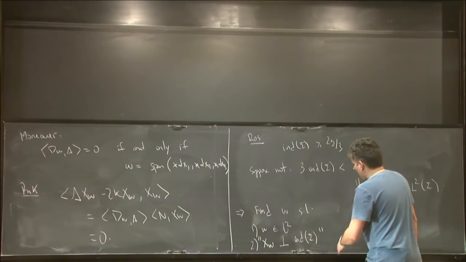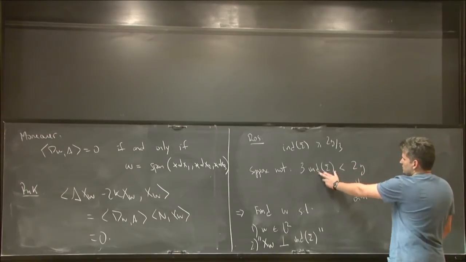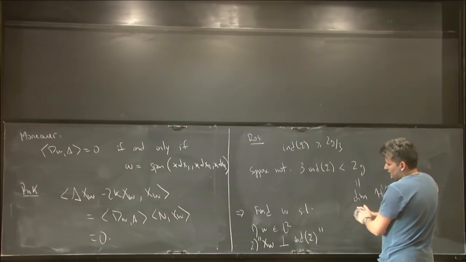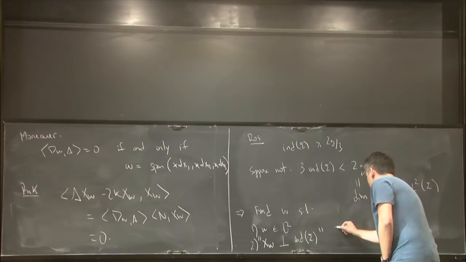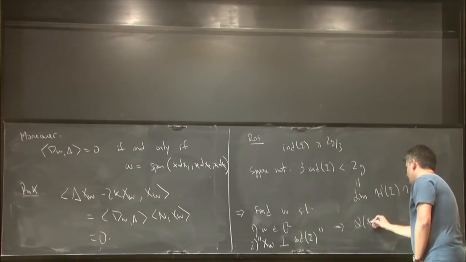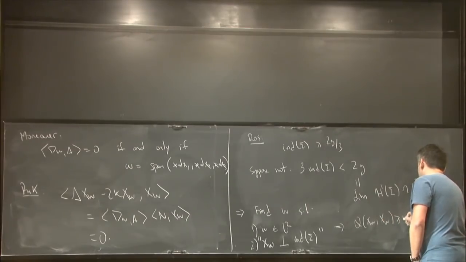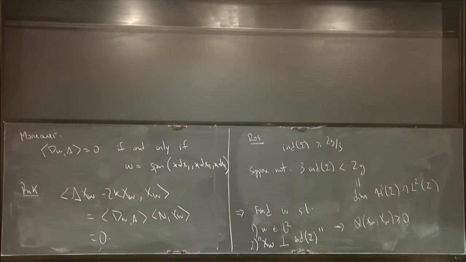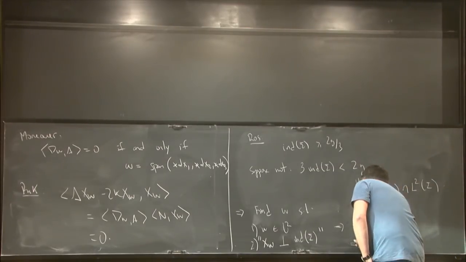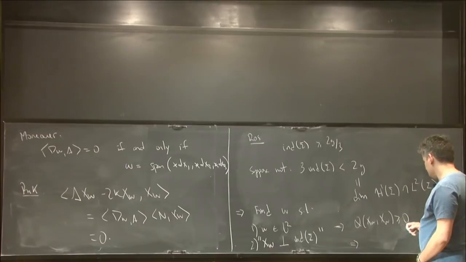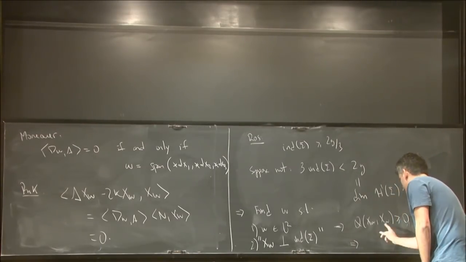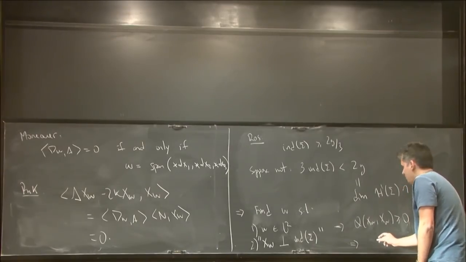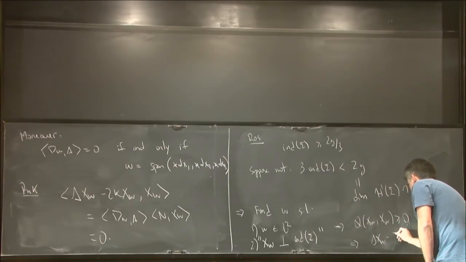Somehow I have so many harmonic forms compared to the index that I can find one that is orthogonal to the index, right? And if that's the case, then the second variation applied to this guy is greater than 0, right? But then you work out what this would entail, and you get that this guy is an actual Jacobi field.